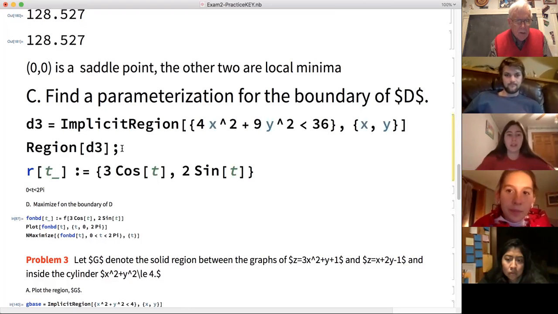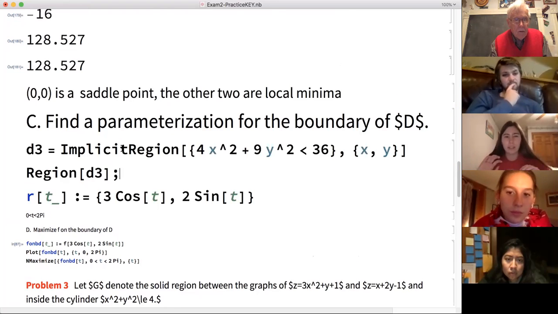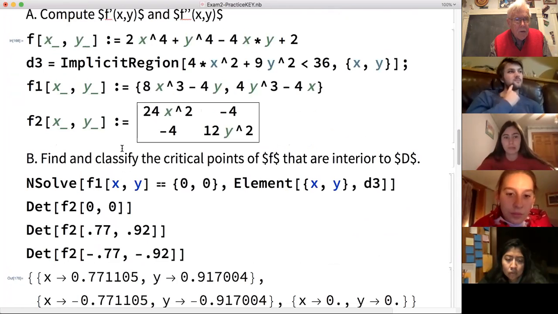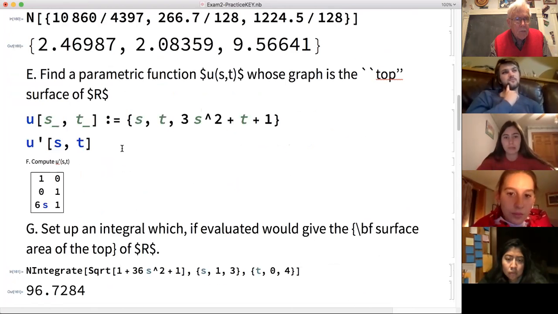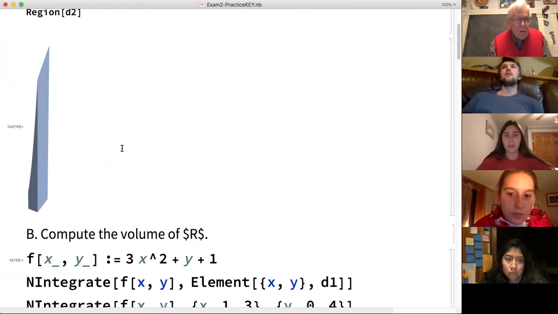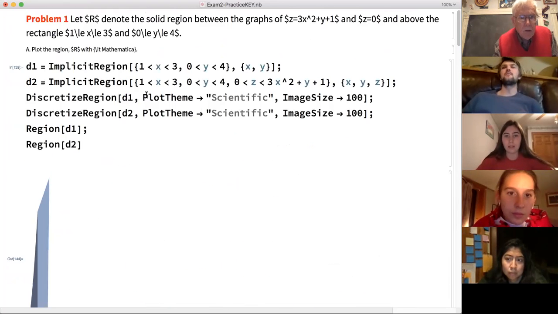Question about the implicit region. Is there a reason that you put curly brackets for the D3 but didn't have curly brackets for the D2? Is there a difference when defining implicit region? No, I should have had curly brackets for D2 too. Okay, so it's standard to use the curly brackets. Yeah, D2 has them here.